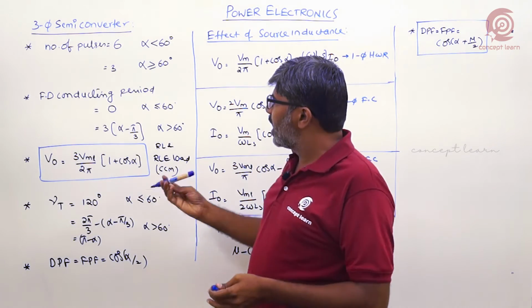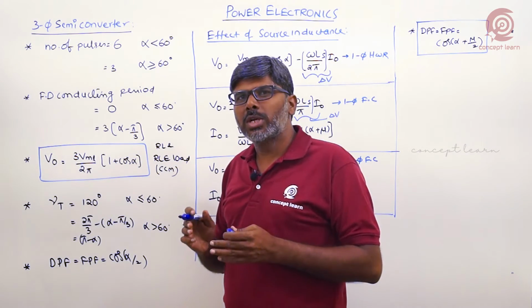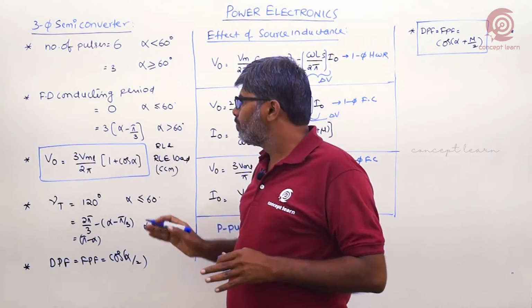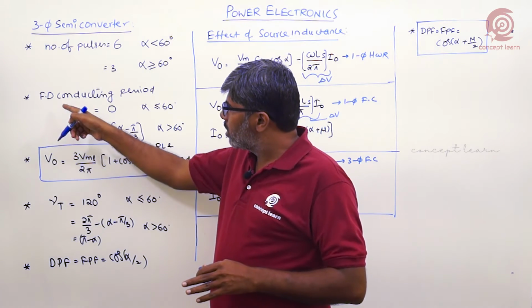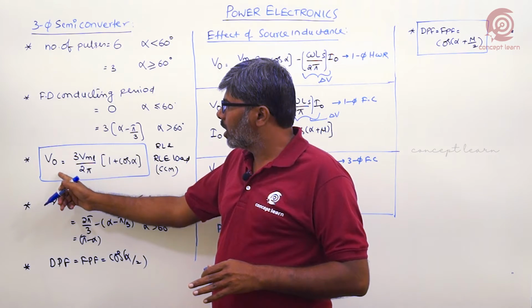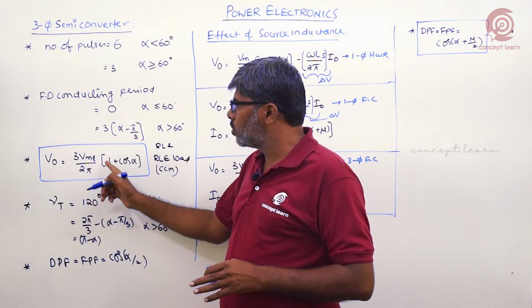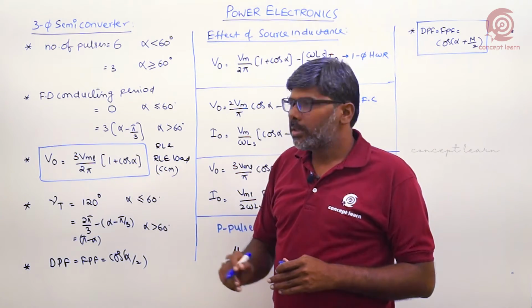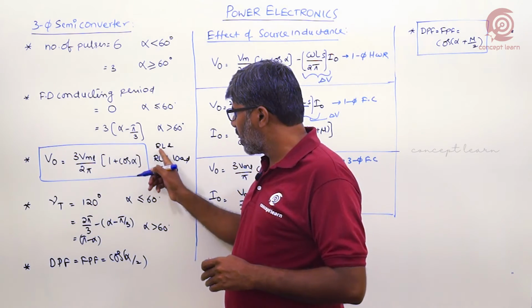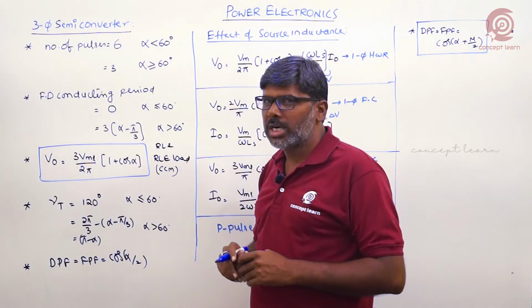It means that the load current I0 is always constant and ripple free. Now the average output voltage V0 is 3 VML by 2 pi into 1 plus cos alpha. This is the common expression for RL and RLE load under continuous conduction mode.